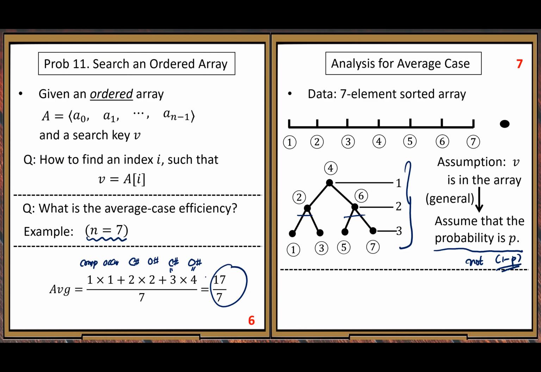So try to understand this calculation method, because sometime in the future I will give you this kind of question.